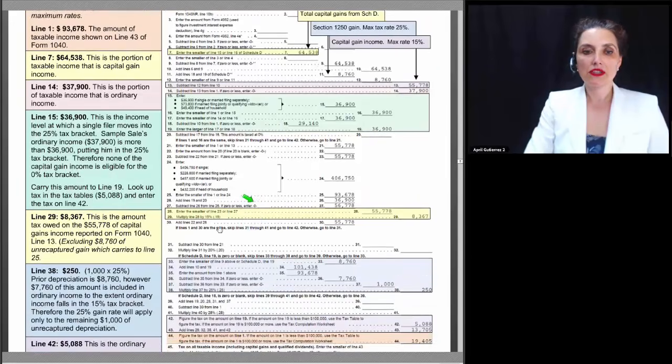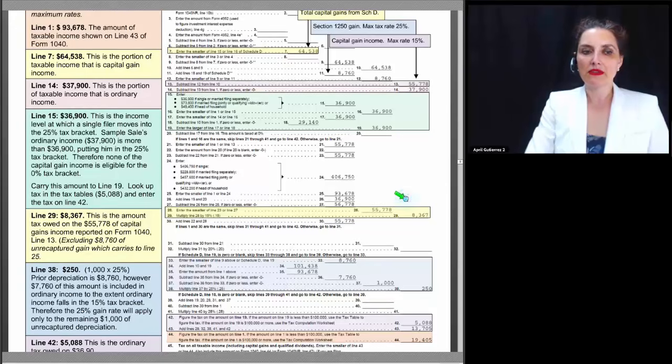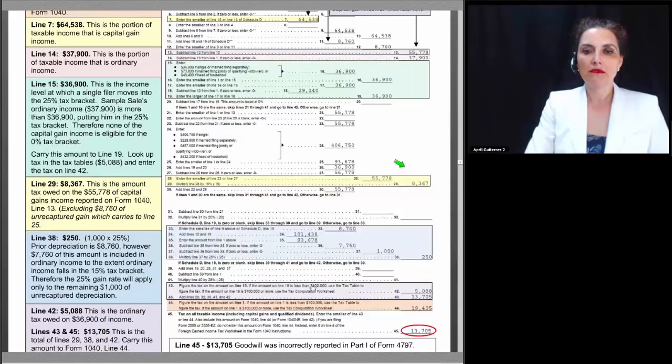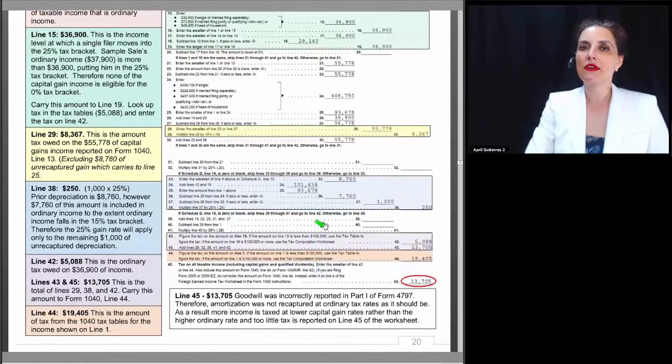We move down to lines 28 and 29, and on line 28 we enter the total amount of capital gain income reported from the 1040, excluding the amount that is Section 1250 gain, and then we multiply that gain by 15% to get $8,367. We then move down to figure out how much of the unrecaptured Section 1250 gain is going to be taxed at the 25% rate.